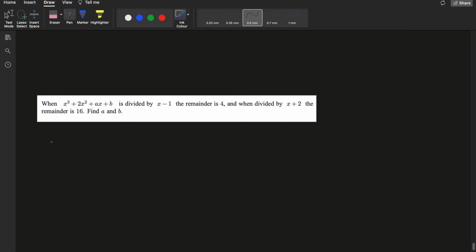Okay, so let's first divide by x minus 1 and put this in. a was minus 5, b was plus 6, and let's find this now.